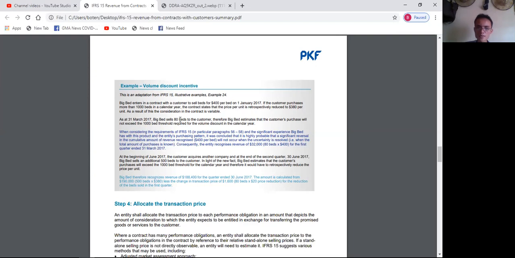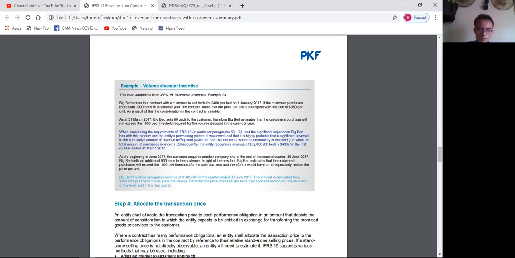If the sale is all throughout the year, we'll assume it's going to be smooth or similar. So in this case, it's going to be 320 beds. Therefore, not able to reduce the price. No discount shall be given by Big Bed, the company.